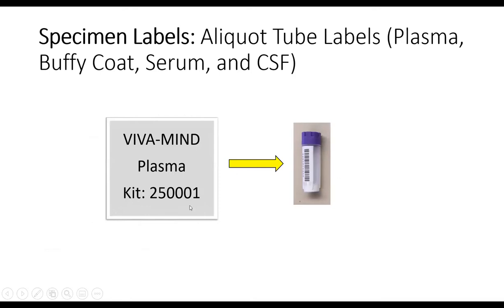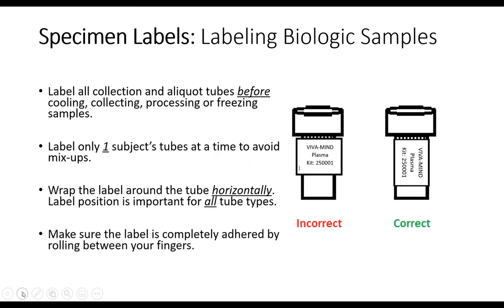I did want to note that these don't have a barcode on them because the cryo vials already have a barcode on them. So we are covered with the barcodes already on the cryo vials. When labeling the tubes, we ask that you please label all collection and aliquot tubes prior to cooling, collecting, processing, or freezing samples.